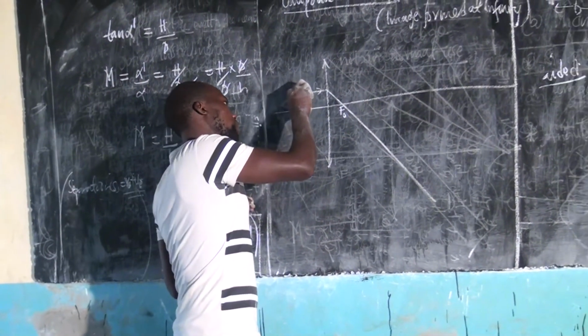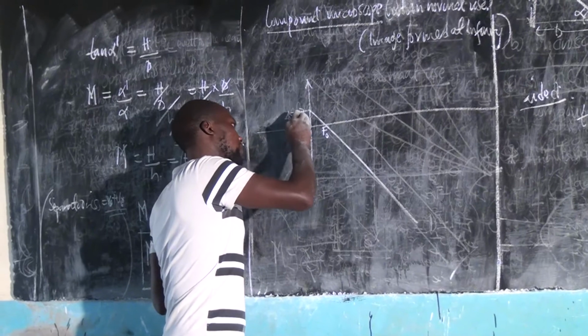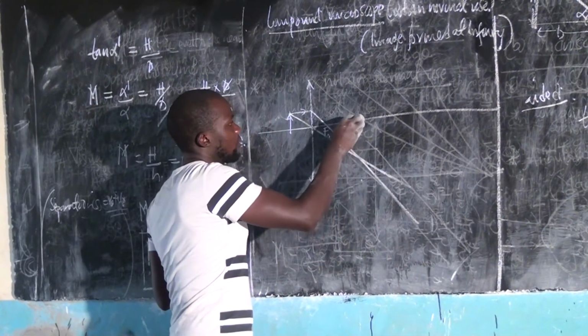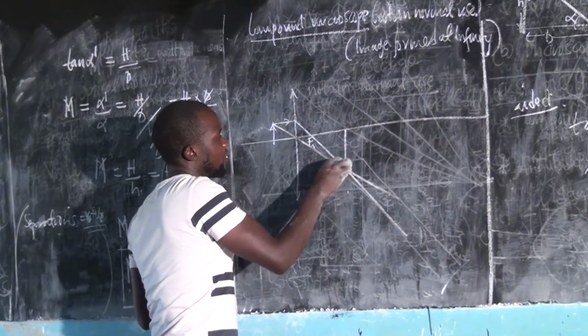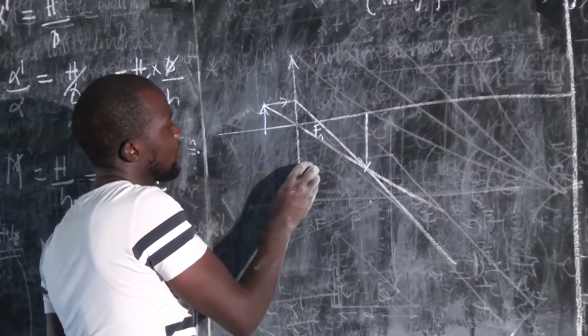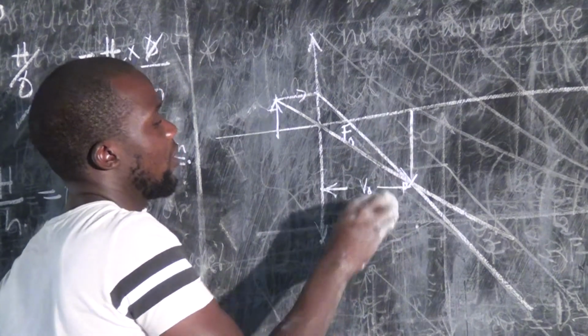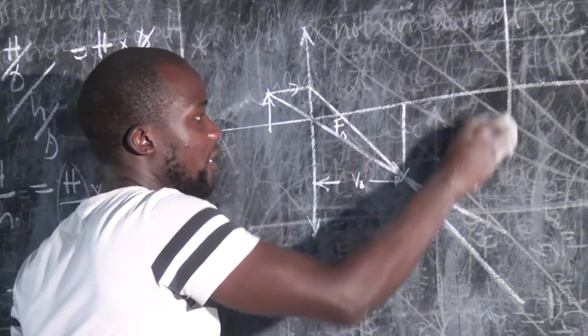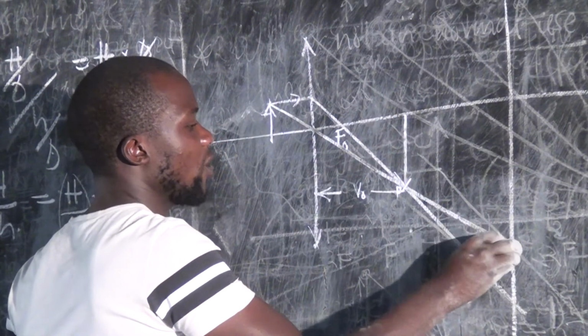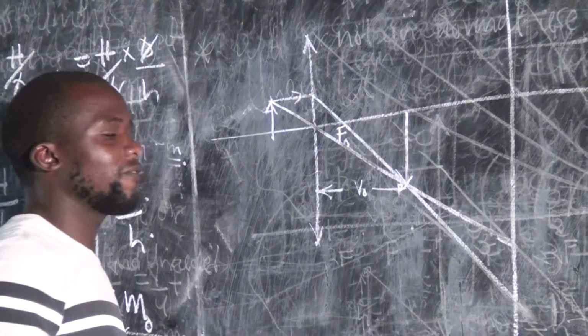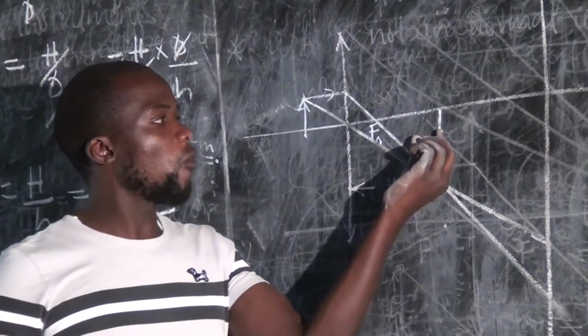So it would mean that I have formed an intermediate image. The distance from here up to there becomes V naught. I have the eyepiece here. Because I want to form the final image at infinity, where will the object be?